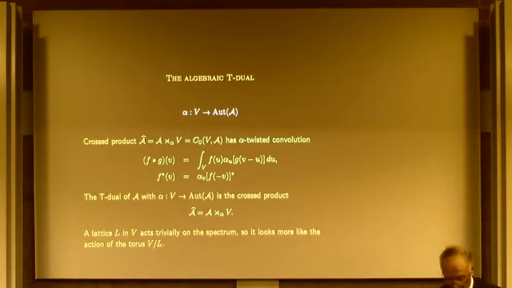And first of all, if we're going to exploit it, we want an algebraic version of this, which Evslin, Mathai, and Peter Bouwknegt produced, I guess, 15 years ago. And in the algebraic theory, it's very simple: the T-dual is taking a cross product of the algebra that you start with by a vector group.